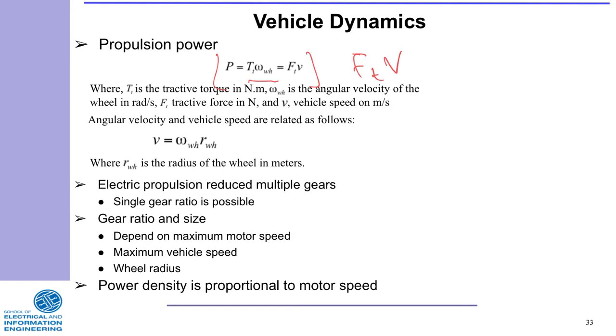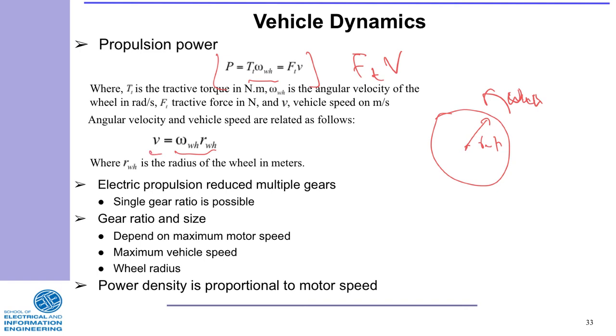But how do we convert angular speed to the linear speed? That's the equation. So you have your wheel with a radius rotating at a particular speed, omega wh. Knowing the radius of the wheel, you can convert to the linear speed.